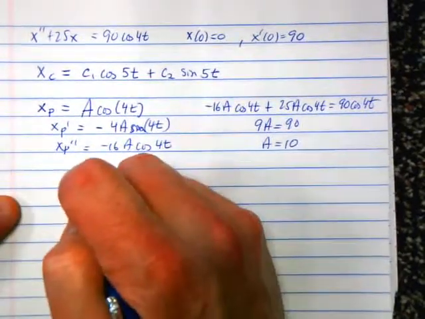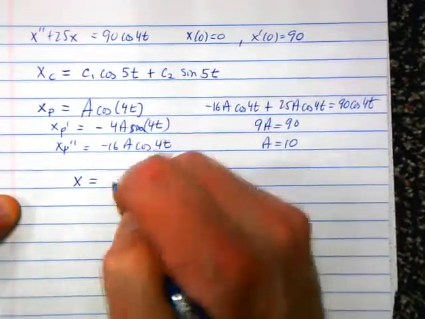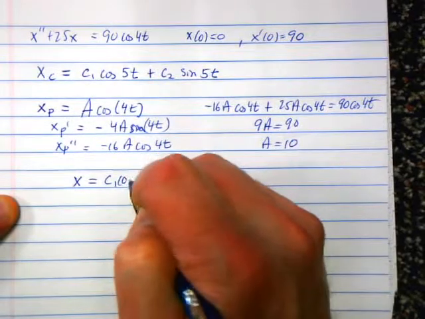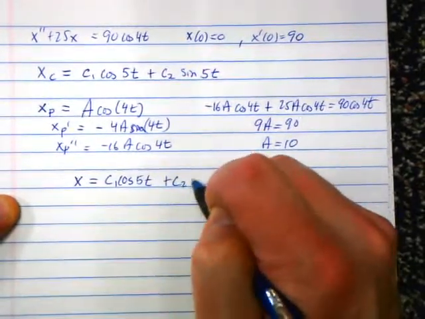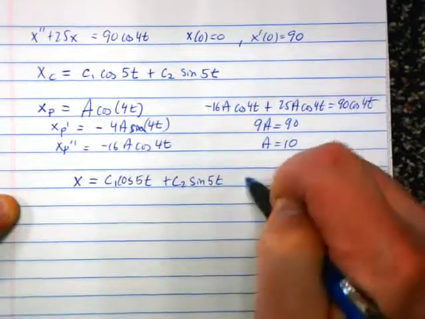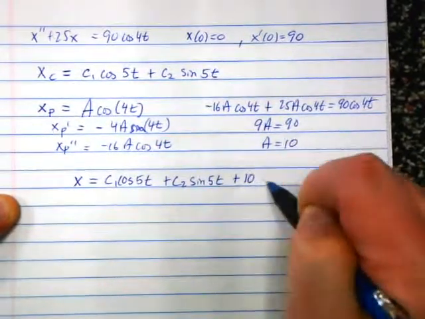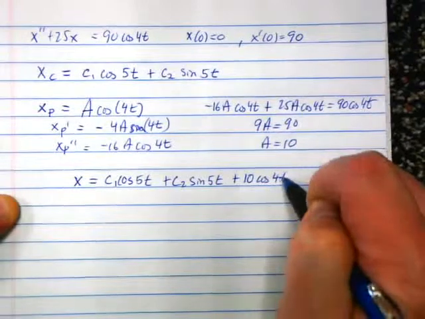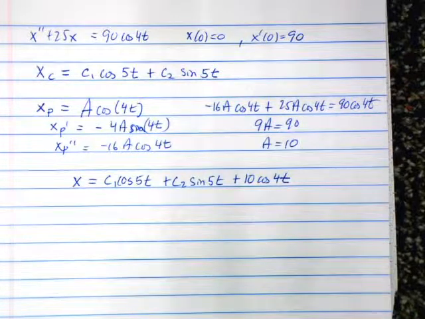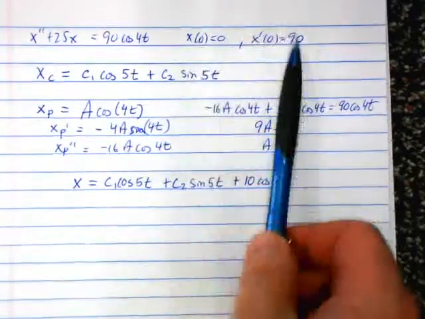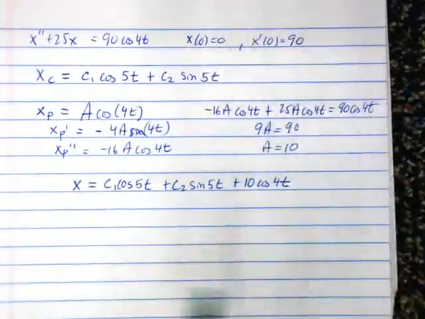So our solution is x equals C1 cosine 5t plus C2 sine 5t plus 10 cosine 4t. Last thing we need to do, take the derivative, plug in our initial conditions, and solve for C1 and C2.